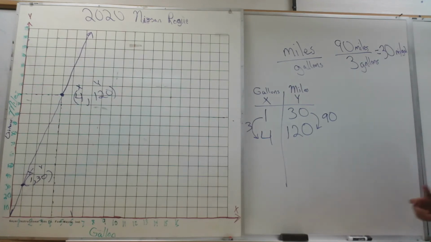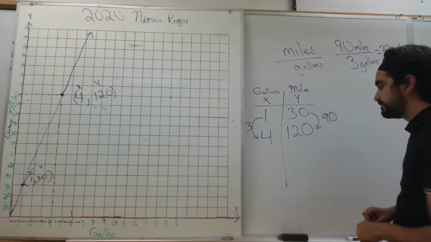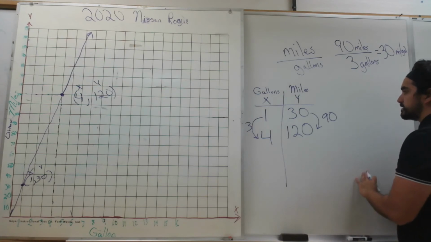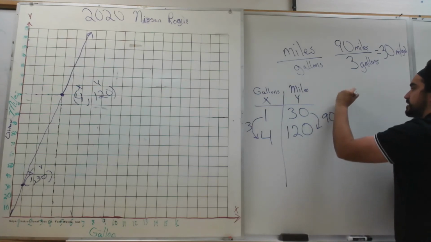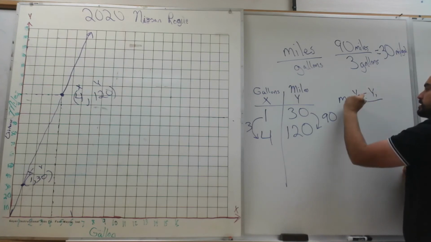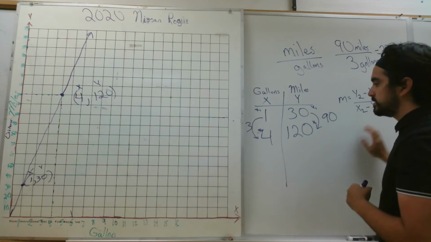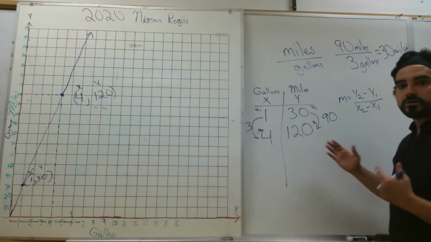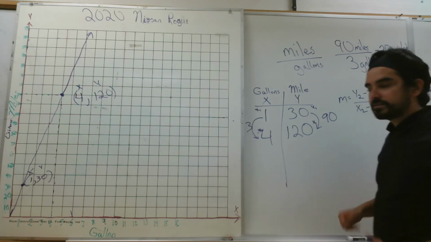All right, what if I want to use the formula? My formula is m equals (y2 minus y1) over (x2 minus x1). All we're going to do now is substitute this.